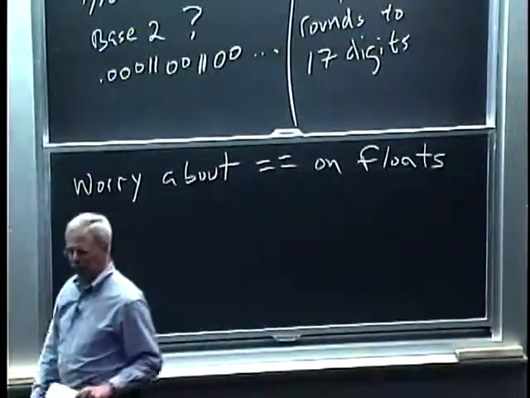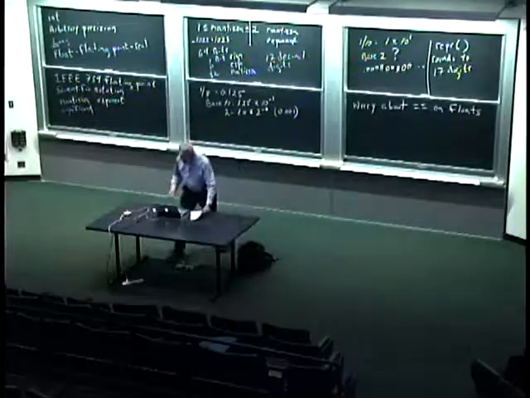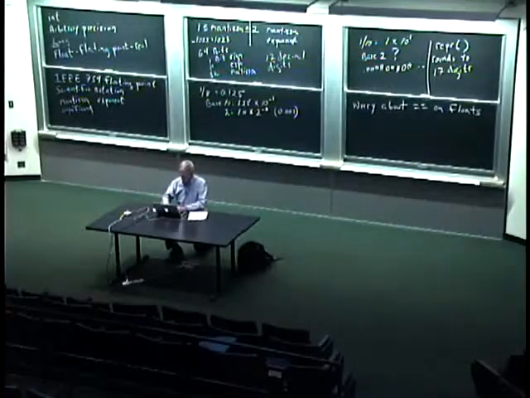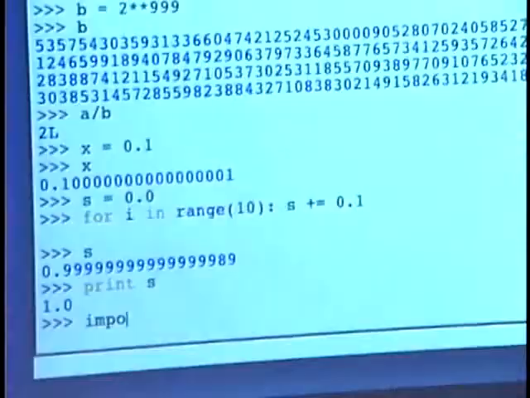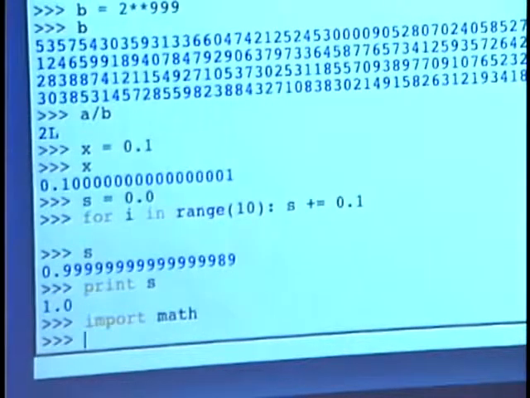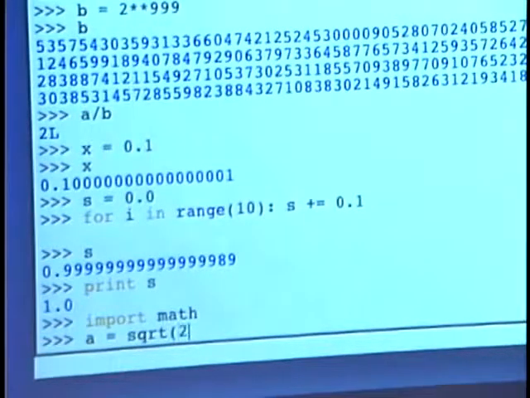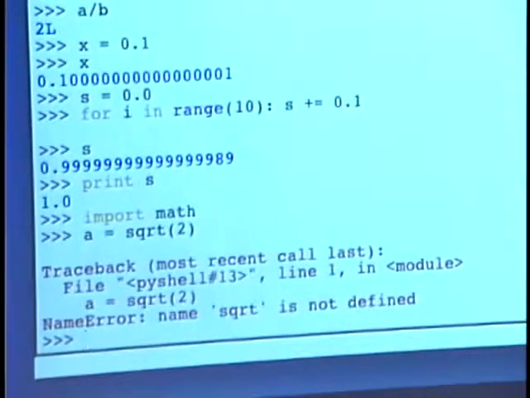Let's look at an example of this. So we've before seen the use of import. So I'm going to import math. It gives me some useful mathematical functions. Then I'm going to set the variable a to the square root of 2. Whoops. Why didn't this work?